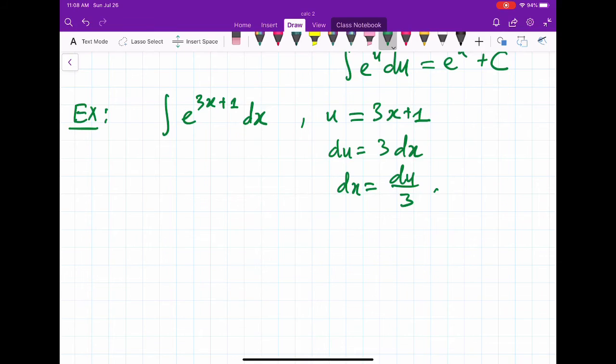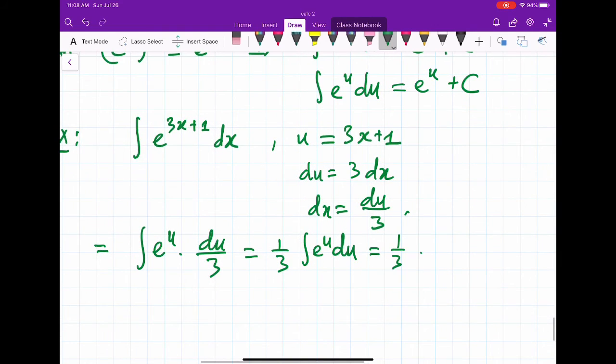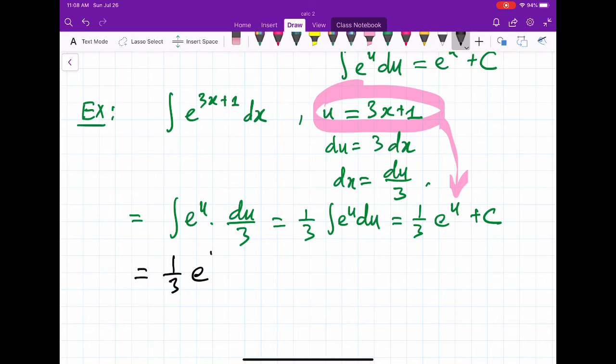So this integral is equal to e to the u, dx is du over 3. So that's why I have 1/3 e to the u du, and we know this is just 1/3 e to the u plus c. And at this step, you need to plug the substitution back here. You get 1/3 e to the 3x plus 1 plus c. Is it?